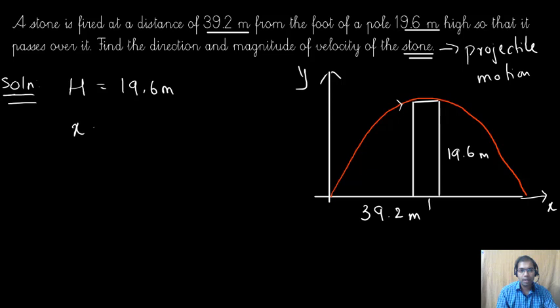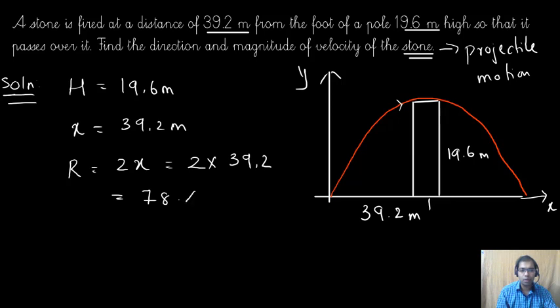So if I take my given distance x as 39.2 meters, then the range can be taken as 2 times x, which is 2 times 39.2, which gives me 78.4 meters. So this is the range and this is the height.